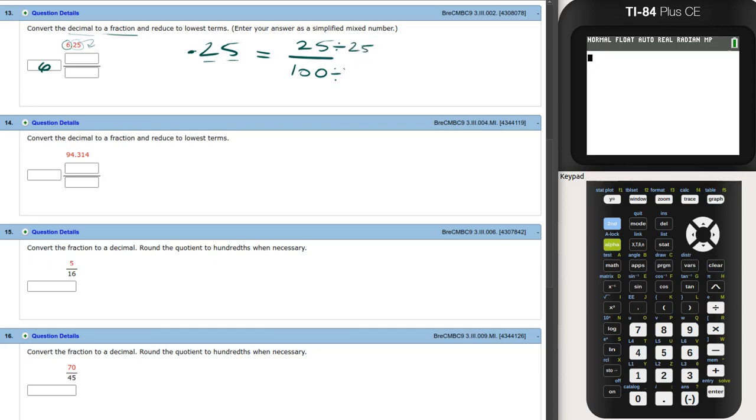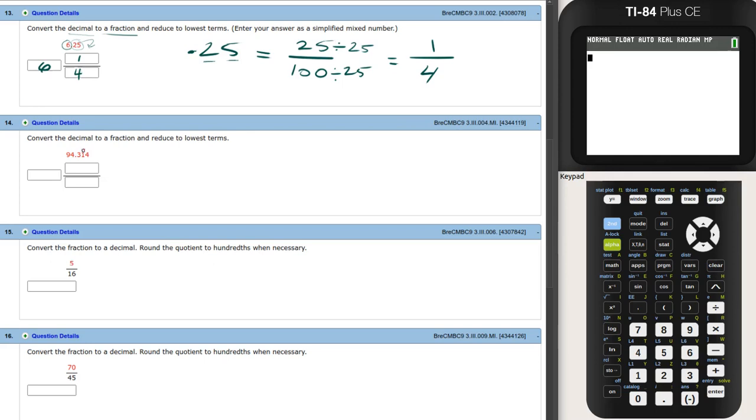But here, I'm going to divide by the greatest common divisor, which is 25. So on top, 25 divided by 25, of course, is 1. And on the bottom, 100 divided by 25 is 4. And so this fraction of 25 hundredths reduces to 1/4.